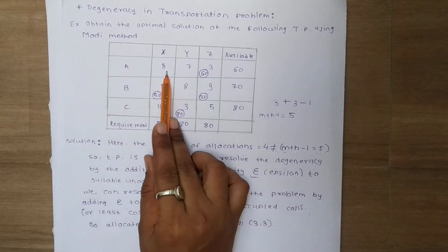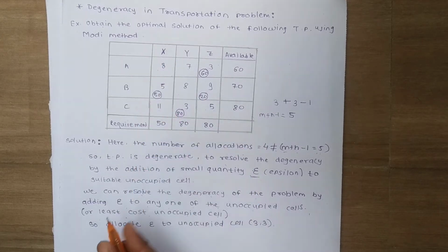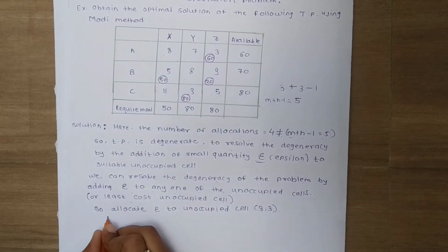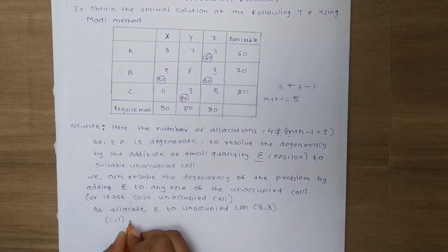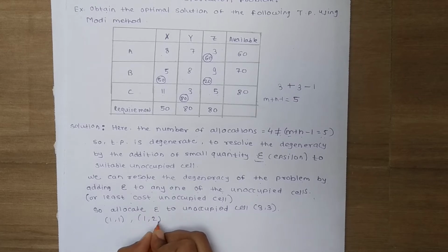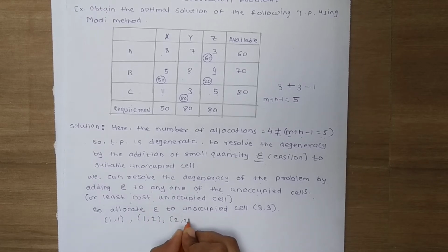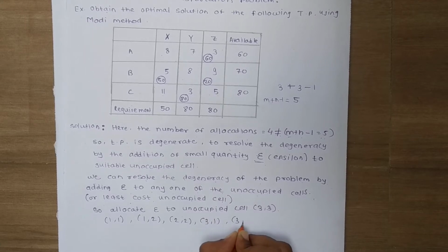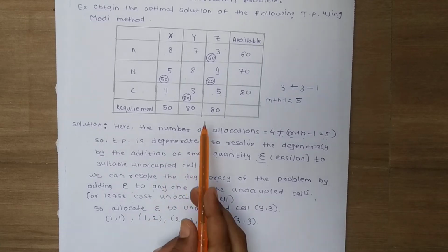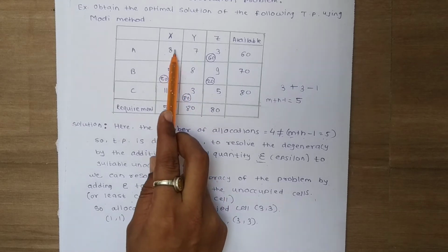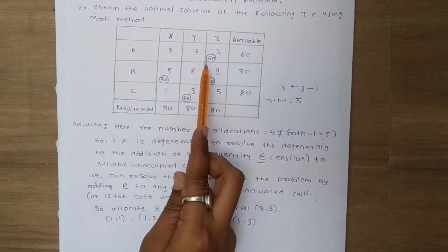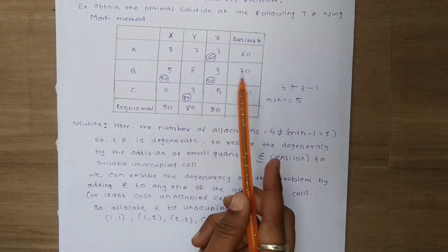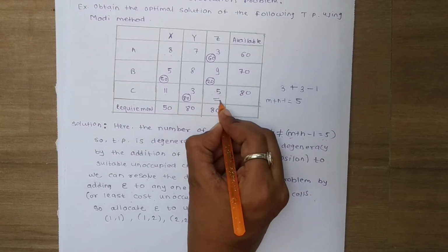So from these unoccupied cells, that is 1, 2, 2, 2, 3, 1 and 3, 3. The costs are 8, 7, 8, 11, 5. So the least cost is 5.